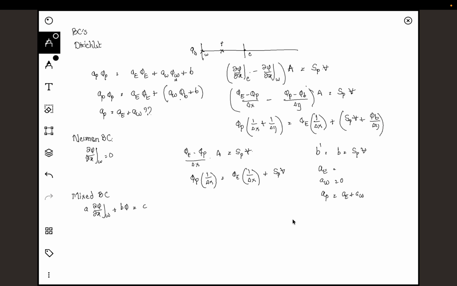There's some condition like this. And what will happen? B times phi equals C. So we can approximate this again. And we can use this back in the original equation.